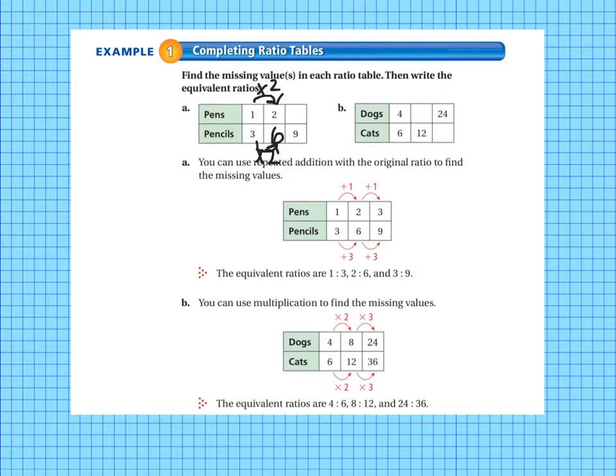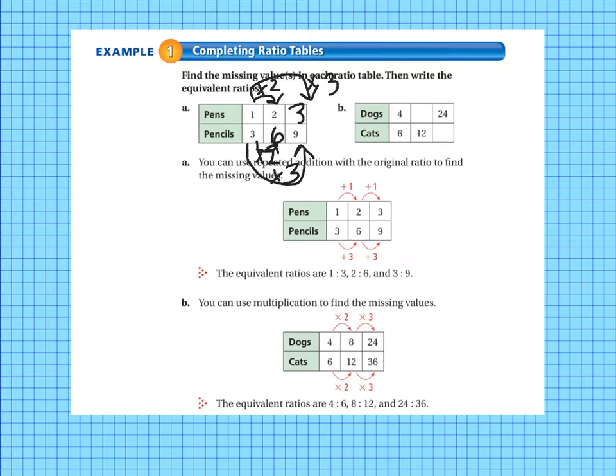And you can't really make a 6 into a 9 very easily using multiplication. So you're going to go back to the 3 because they're all going to be equivalent, so it doesn't matter which one you use. So 3 times 3 equals 9, and 1 times 3 equals 3.